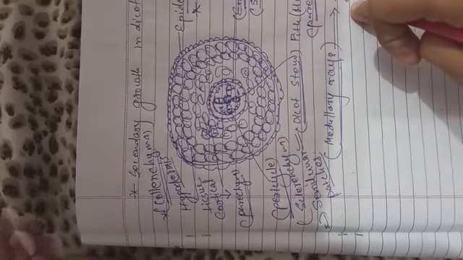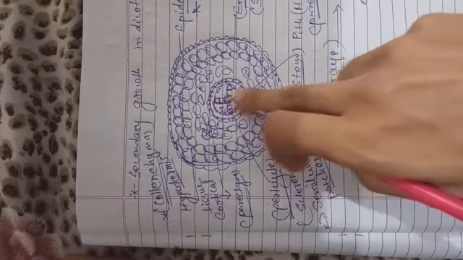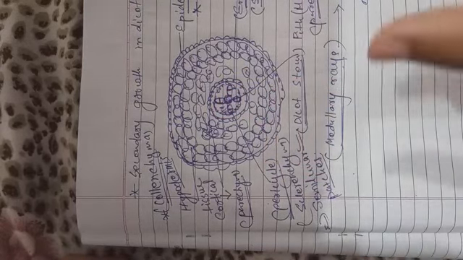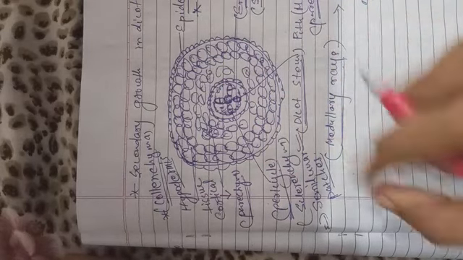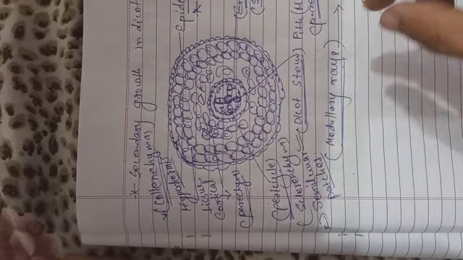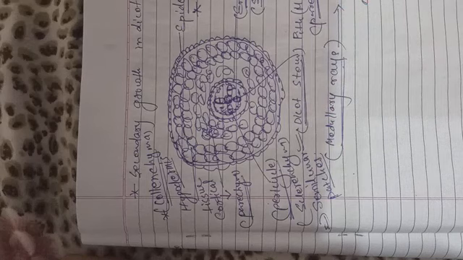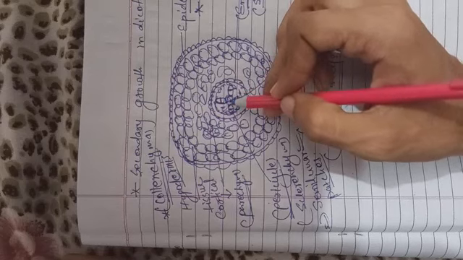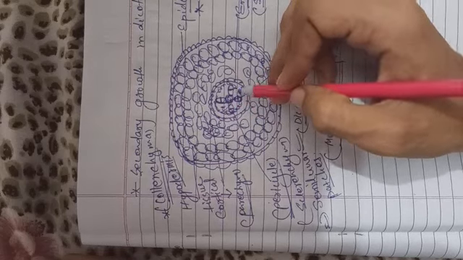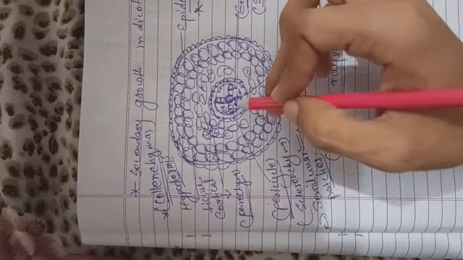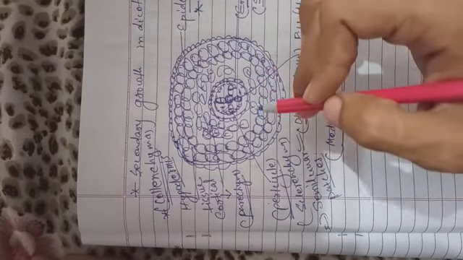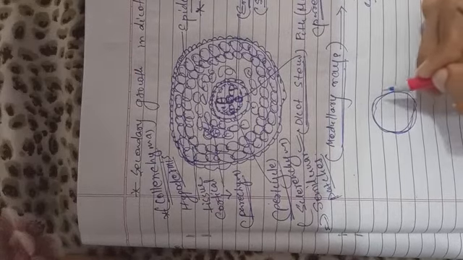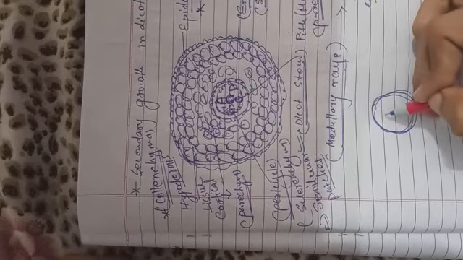So this interfascicular cambium and the cambium present in between the xylem and phloem, which is called intrafascicular cambium, combine to form a ring-like structure which has the capacity to divide. It divides on the outer part and the inner part also, but the dividing capacity on the inner part is more than the outer part. This ring is present in the xylem and phloem region.